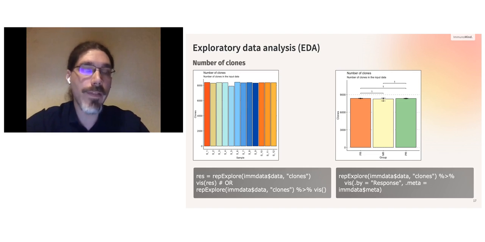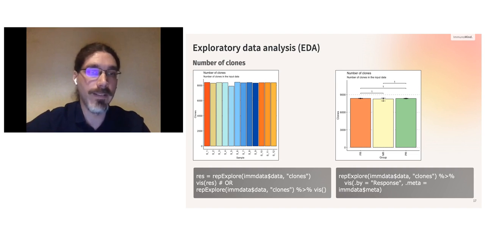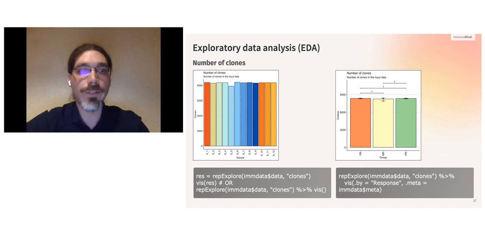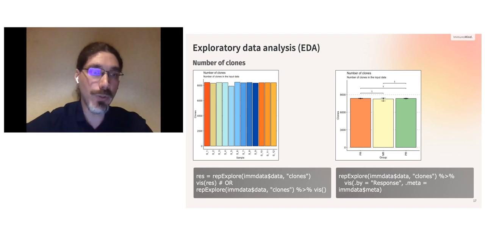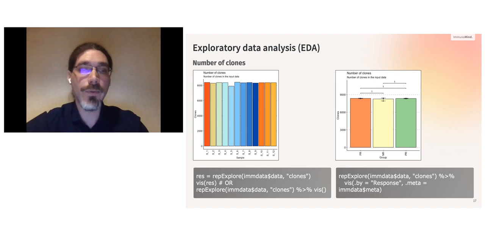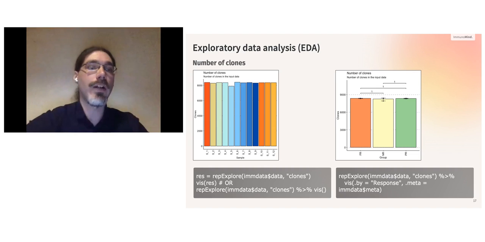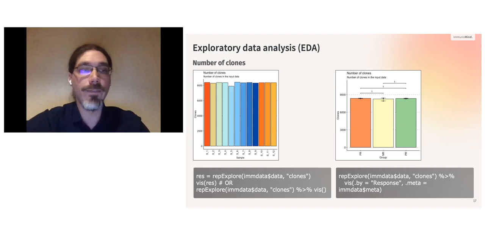To compute and then visualize the number of clones, you just need to run the following lines. Take a look at the bottom left box. There are two different ways to run the analysis and visualize it. First, you can run the repExplore function and then apply the function vis. And the function vis is the universal function for any visualizations.